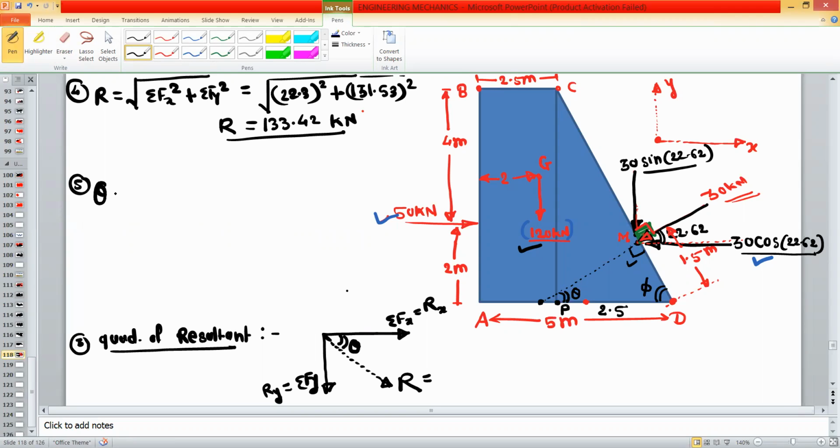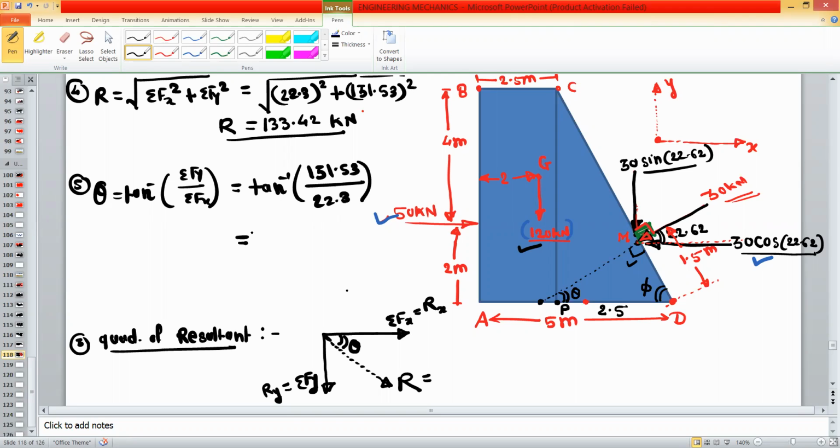So angle is theta, that is equal to tan inverse summation fy divided by summation fx. So this is equal to tan inverse. Only consider the positive value because we know the quadrant. Okay. So to find out theta, just put the value positive 131, that is summation fy, and 22.3.